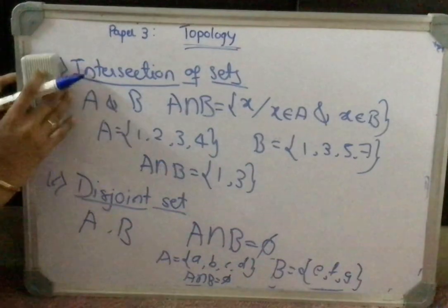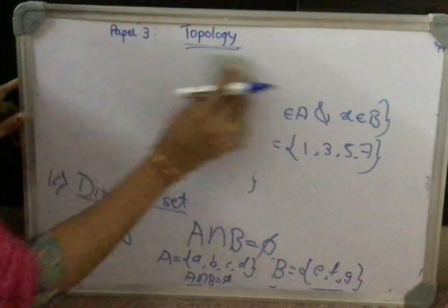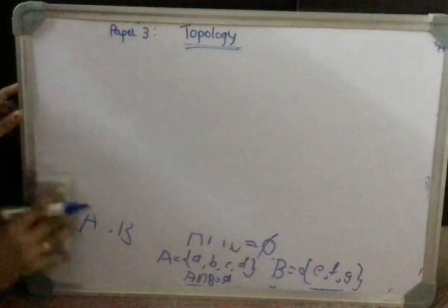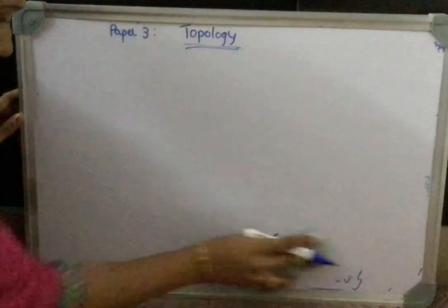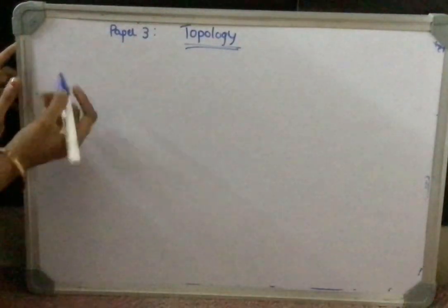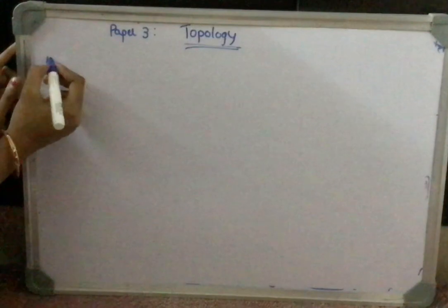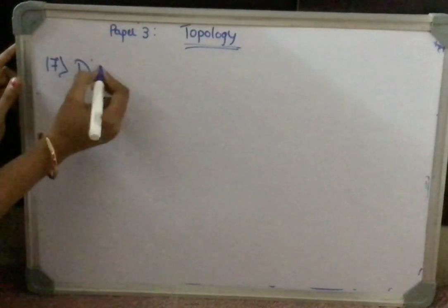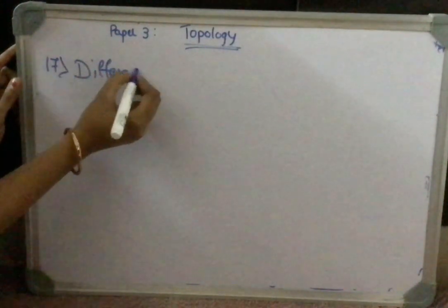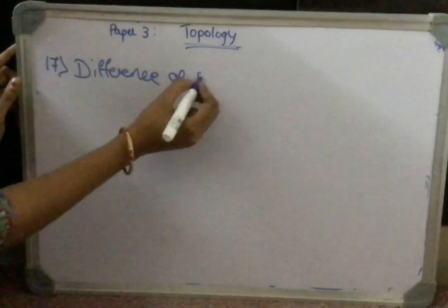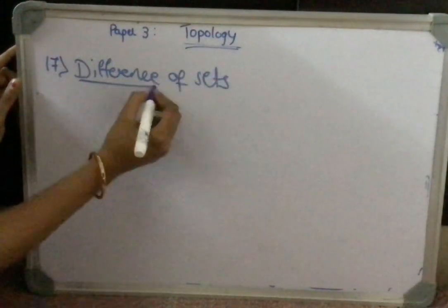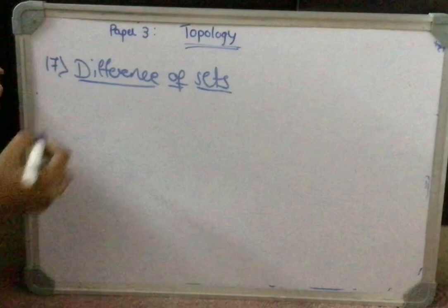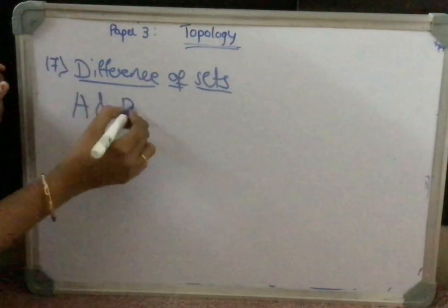Difference of sets. What is difference? Difference means minus. Okay. So it is difference of sets. A and B are any two sets.